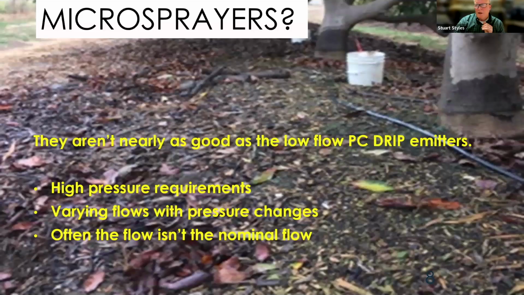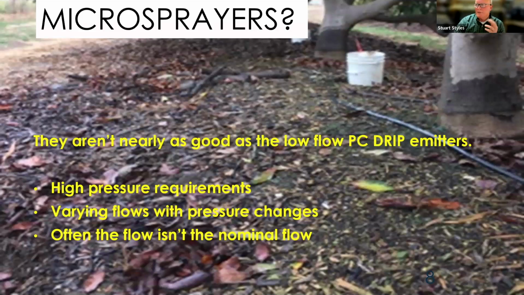When we switch over to microsprayers for this discussion, they don't perform as well, especially the ones that are PC that have been purchased at a premium. What we've seen is that they have really high pressure requirements. They still have a lot of variability in their flow, and often it's not close to the nominal flow when you go out to the field.